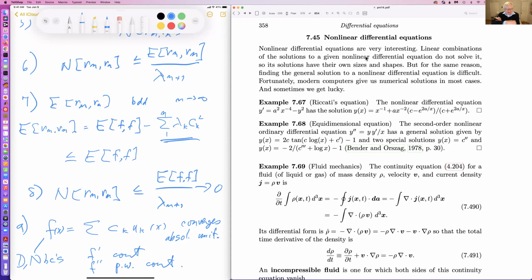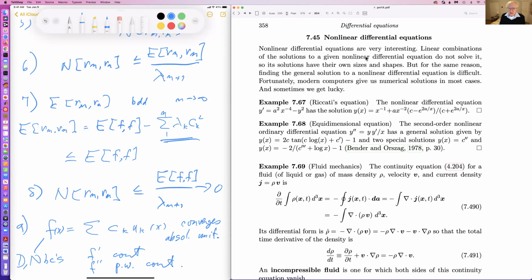And in the real world, things have sizes and shapes. You can't just take something and multiply it by a constant and get another solution.